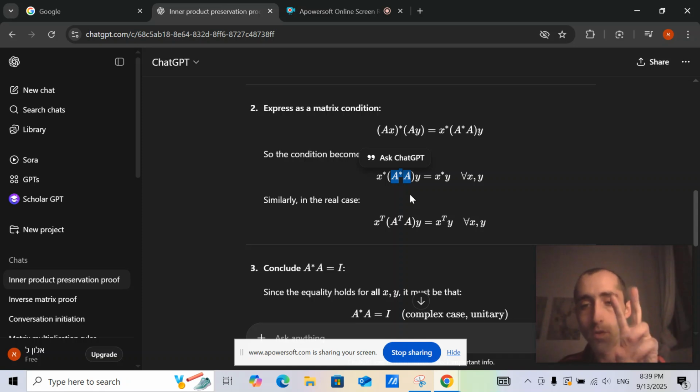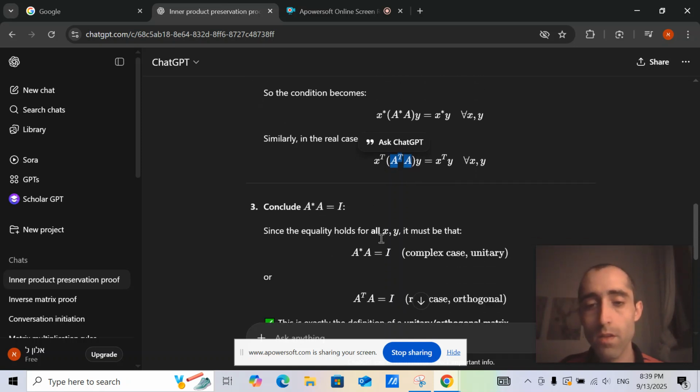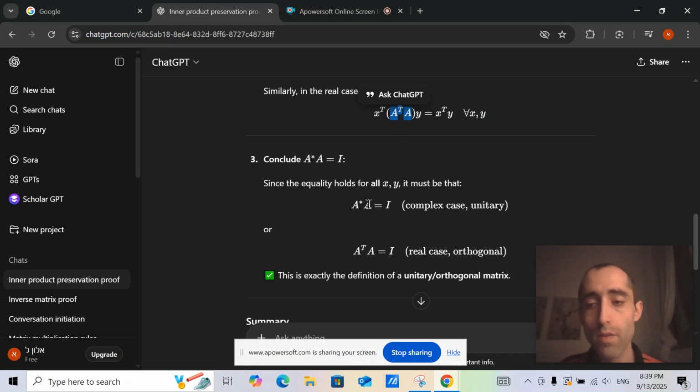But the only matrix that does that for every x and y is the identity matrix. The same thing goes for the real case. So we just conclude that A complex conjugate A equals I in the complex case, or A transpose A equals I for the real case.